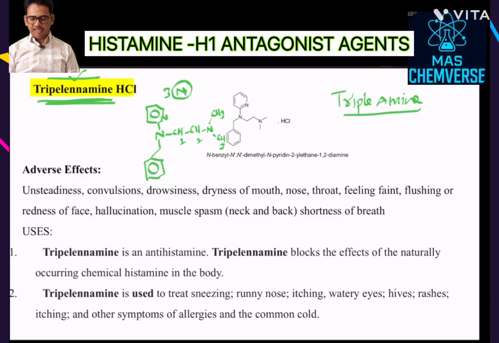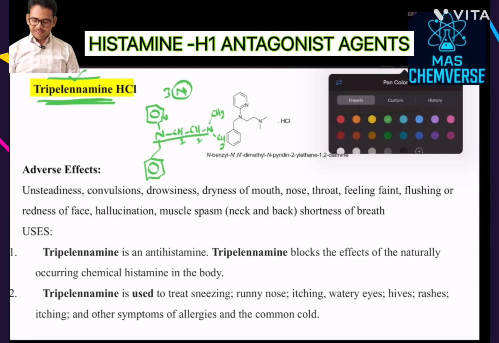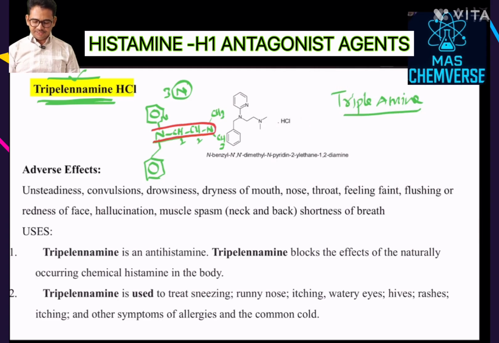Instead, it has nitrogen, meaning a diaminoethyl side chain is present. It is contained here, and it has 3 nitrogens. That's why it is called tripelennamine. Easily you can write the structure now. No need to be worried about this structure.